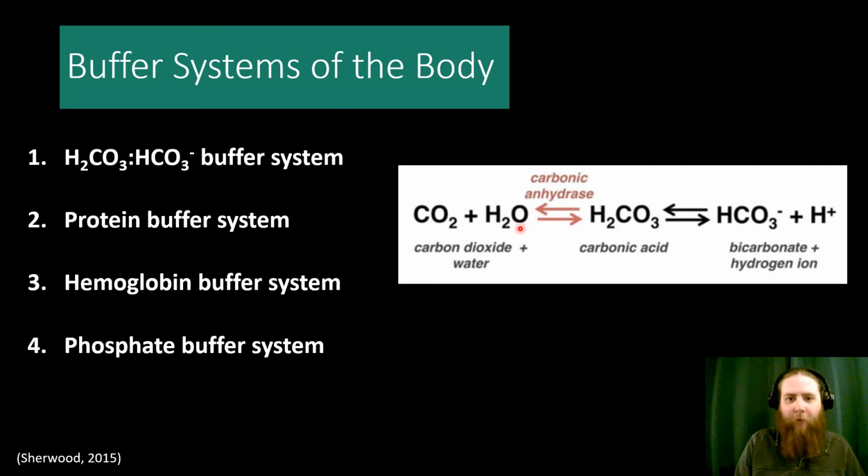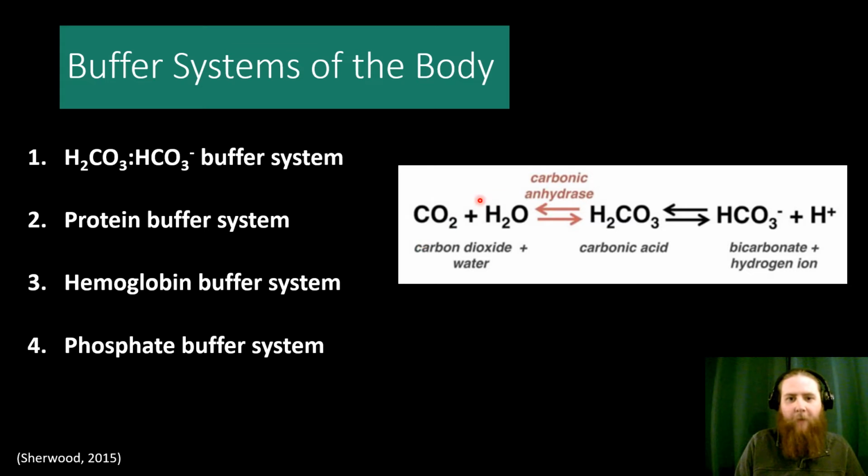Once we get it to this form, we can breathe off excess carbon dioxide. We can take this carbon dioxide and exhale it using the lungs and remove some of the substance. In this way, we're moving these hydrogen ions towards this side, turning them into water, which is a more neutral compound that isn't going to affect the pH as much.